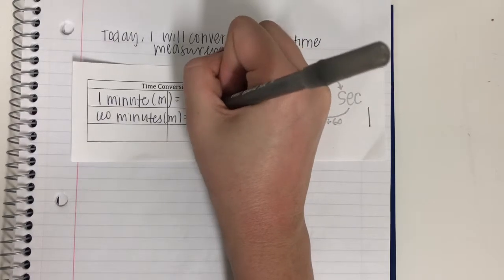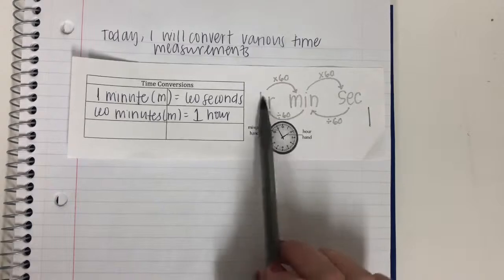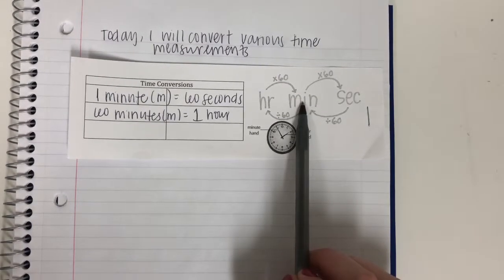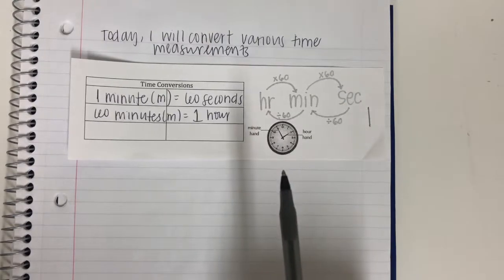And those are kind of like our basics, right? We know that there are 60 minutes in an hour, which is why 60 is our ratio, our conversion rate, and then we know that there are 60 seconds in 1 minute.